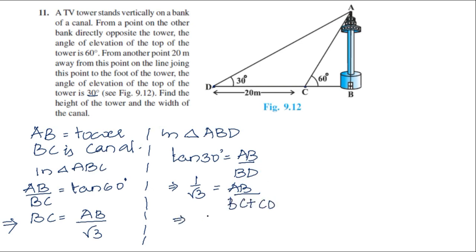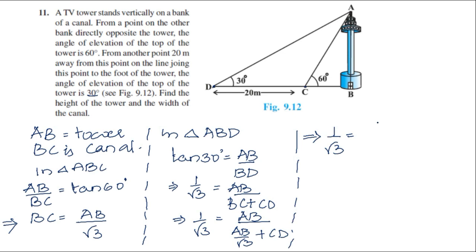Now in place of BC, I can write AB by root 3. So AB divided by AB by root 3 added to CD. Let us further simplify that. This implies 1 upon root 3 equals root 3 times AB divided by AB plus root 3 times CD.